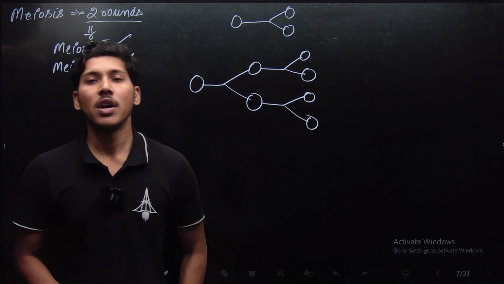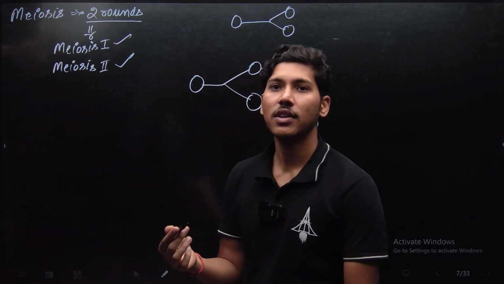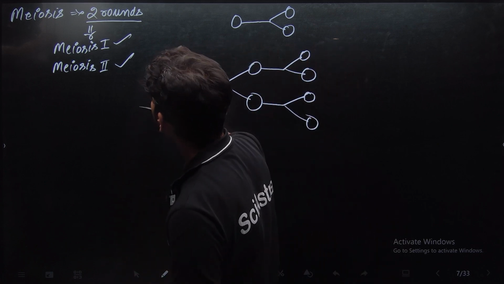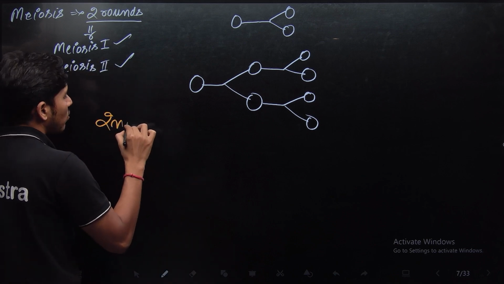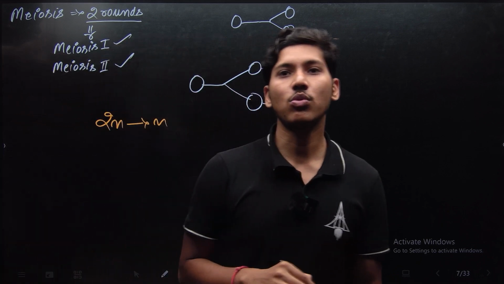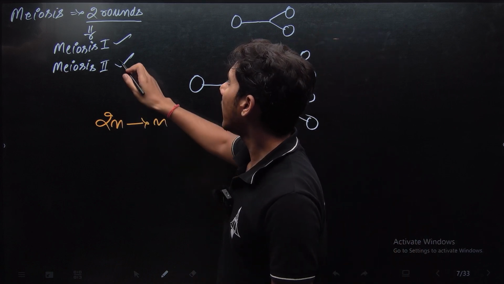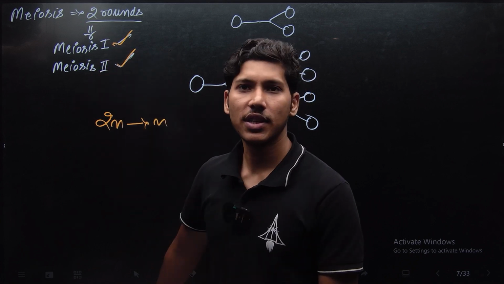Now, meiosis is the next stage that we are going to discuss here. In meiosis, we know that the diploid content has to get divided into haploid content. That's why meiosis takes place in 2 phases.